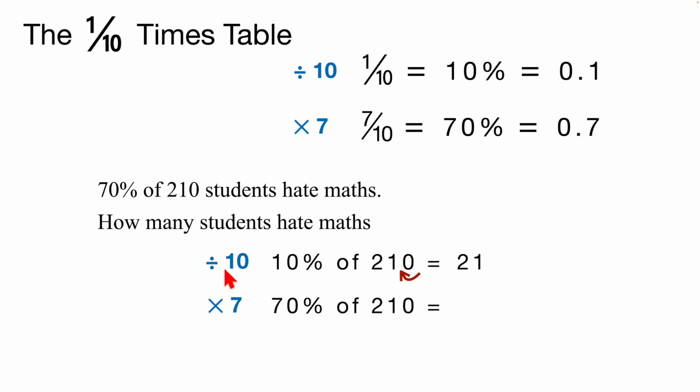And 7 times 10% is 70% of 210, which is 7 times 21, obviously. And that's 7 times 20, which is 140, plus 7 times 1 is 7, 147. This is doable without a calculator. And this is why the tenths times table is absolutely brilliant when you do not have a calculator.